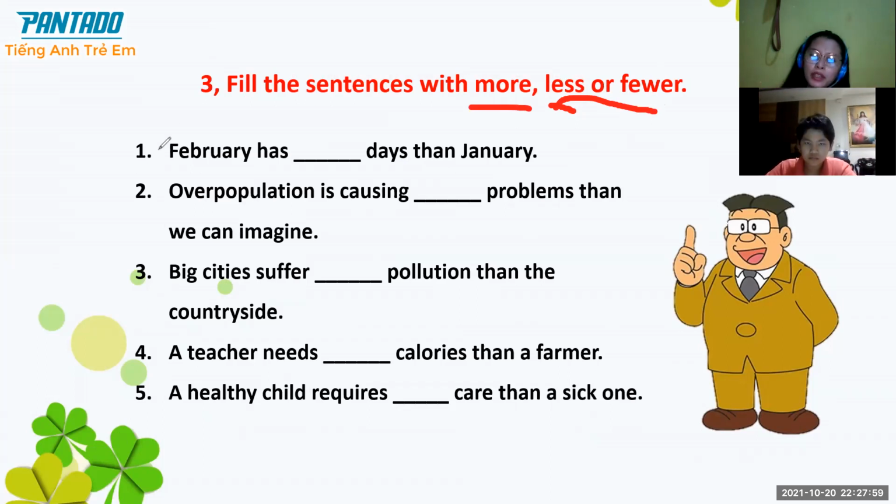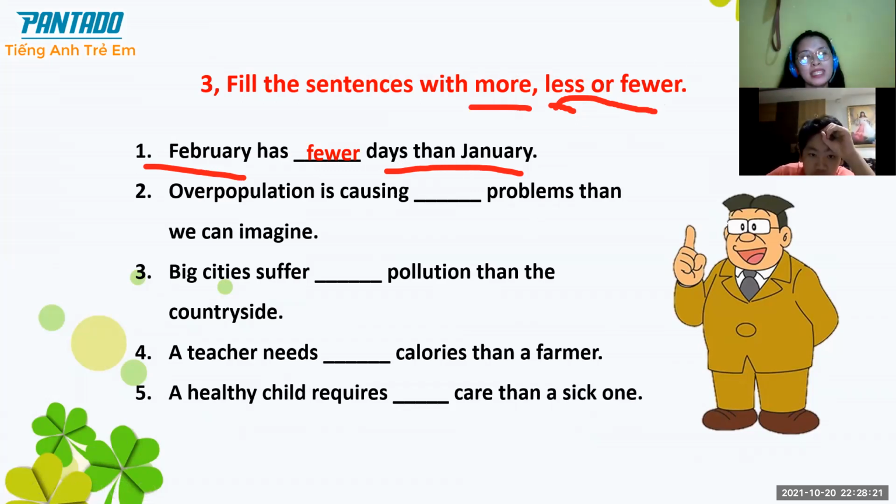For example, in number 1, February has blank days than January. February has fewer days than January, as we only have 28 days compared to January. So we chose fewer. Is that okay?